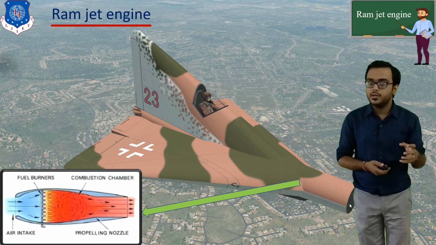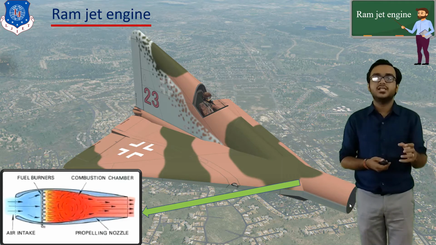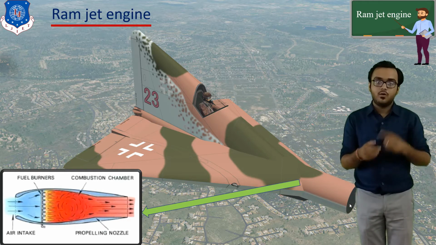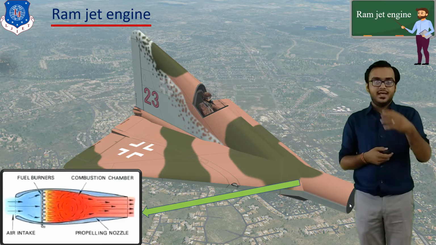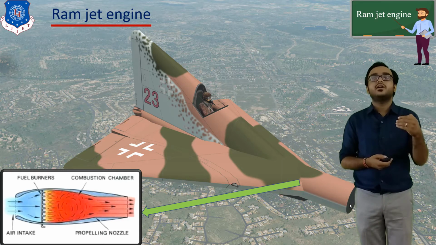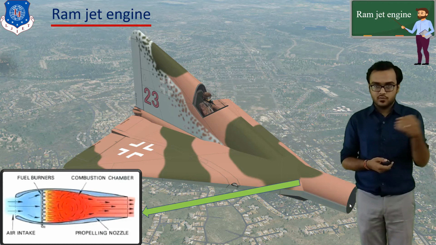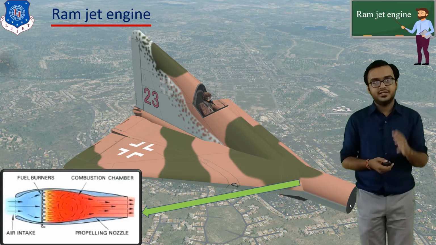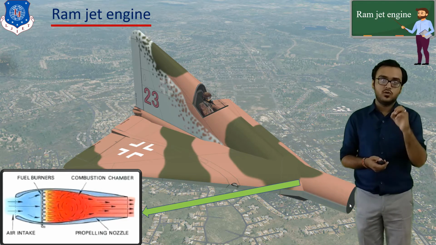According to Newton's third law, to every action there is an equal and opposite reaction. And according to the jet propulsion principle, as the jet issues from the back of the aeroplane, the aeroplane will move in the forward direction. So this is the basic principle of the ramjet engine, and it is one of the simplest engines.